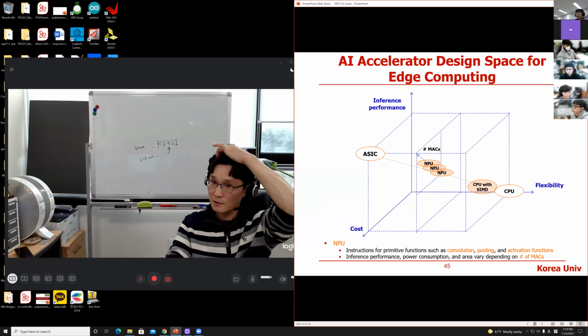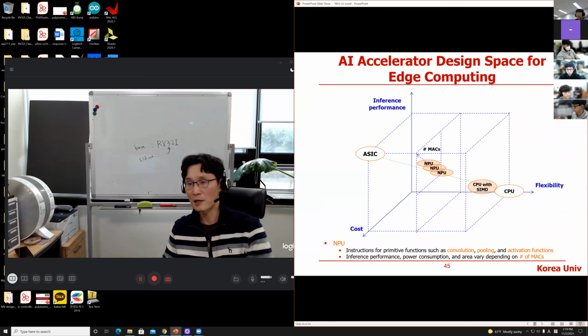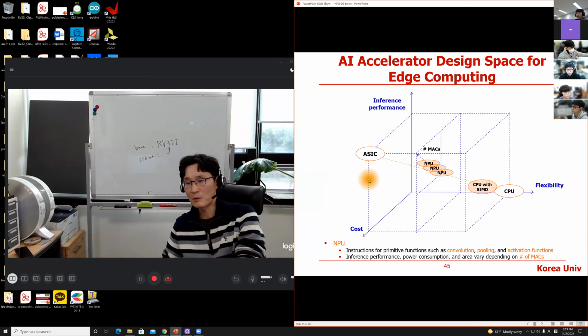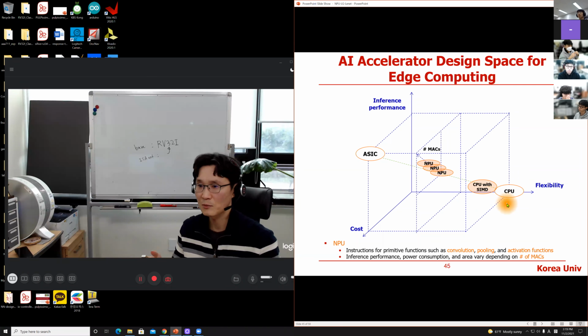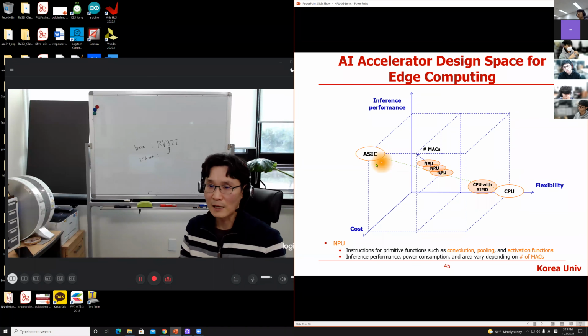Okay, so last slide. There are probably many different design choices from CPU to ASIC: pure hardware implementation, pure software implementation, right? Pure software implementation is very good from the flexibility point of view. If you implement everything in hardware, the performance is the best, but it is not flexible.